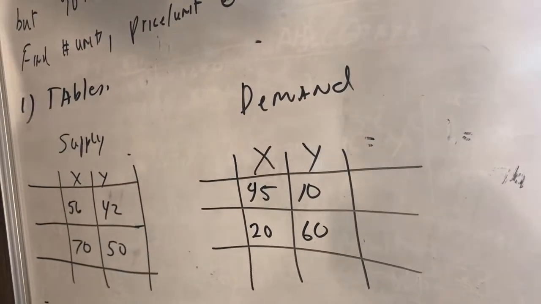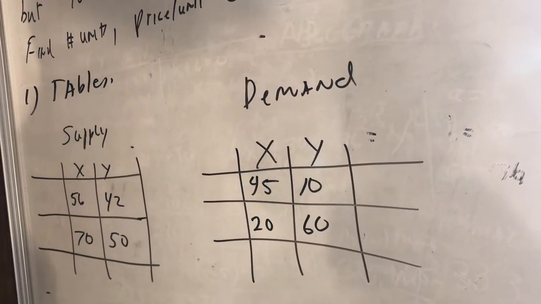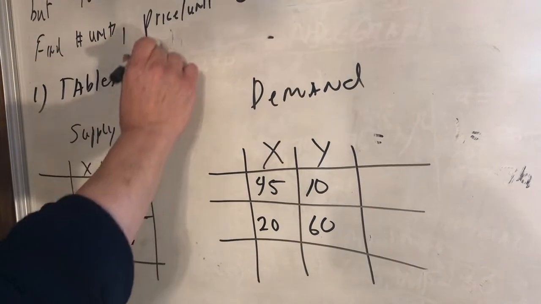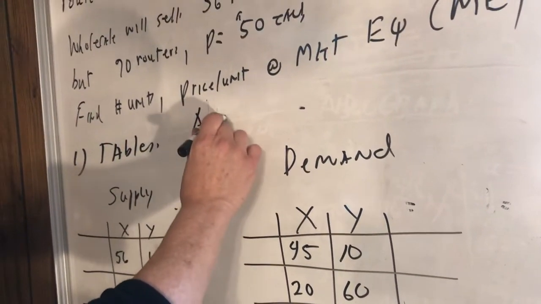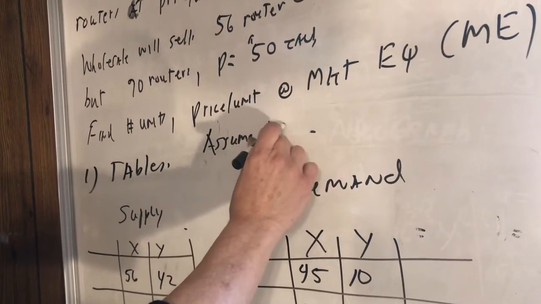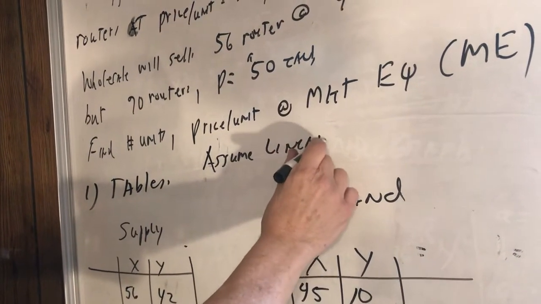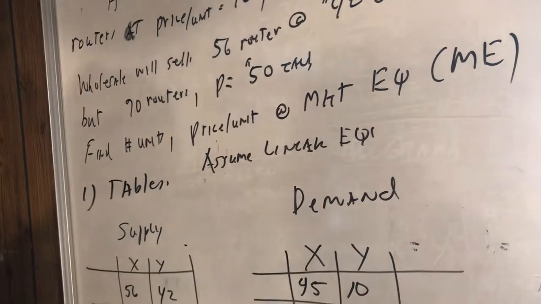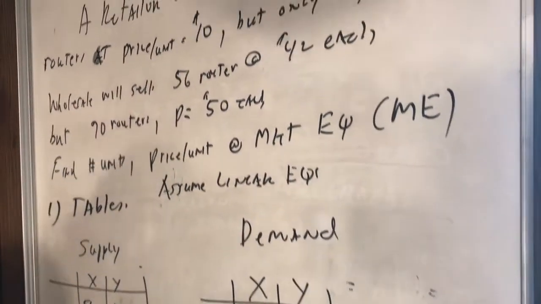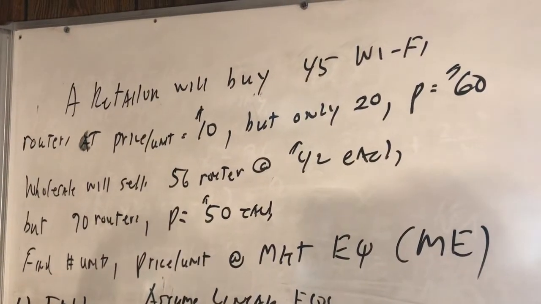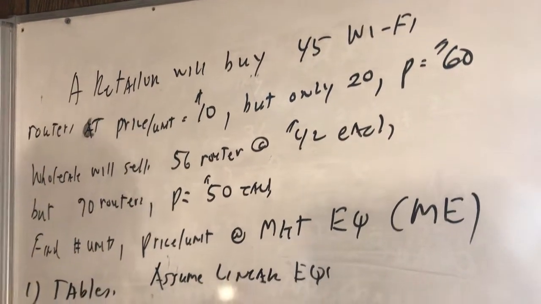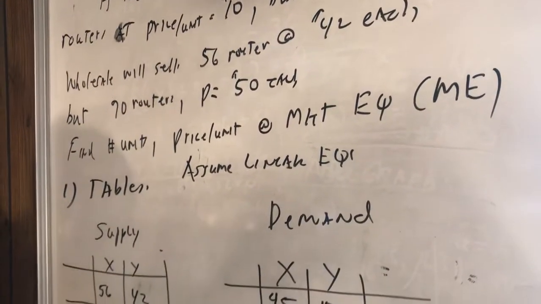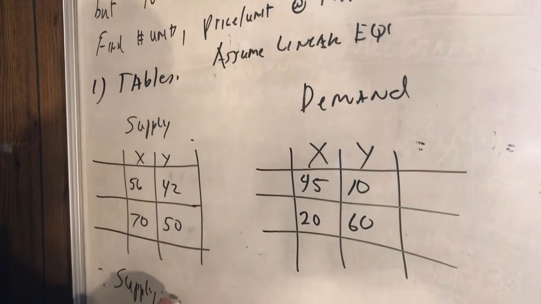We're assuming the equations are linear. This problem says assume linear equations for supply and demand. So for your supply, let's look at your slope.